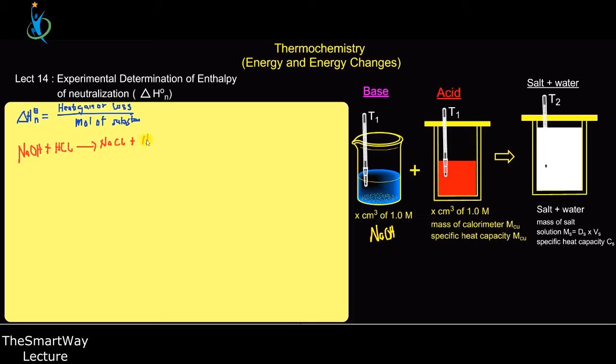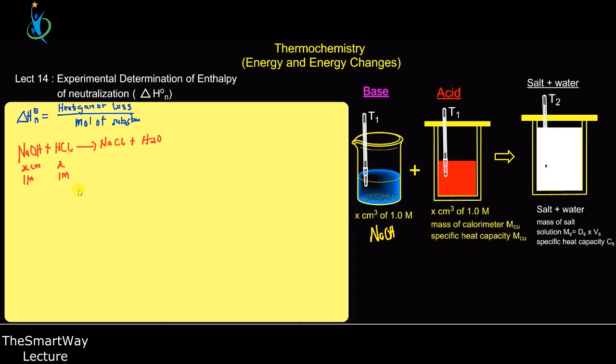This is the salt solution. So here a certain volume of the base was poured onto a certain volume of the acid of the same concentration, 1 molar. Now the initial temperatures were taken, and after it was poured, the final temperature was taken. Okay, so we'll do that.